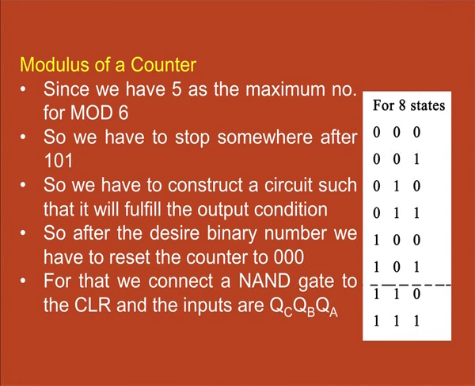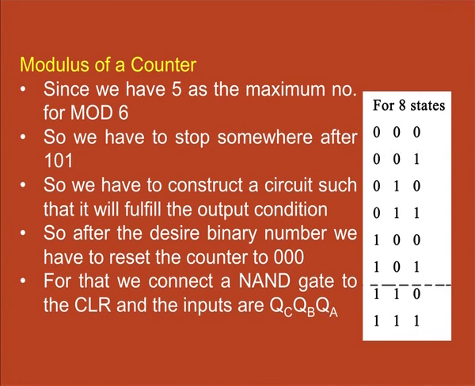So, after the desired binary number, we have to reset the counter to 0, 0 and 0. For that, we connect a NAND gate to the clear input, and the inputs are QC, QB and QA.